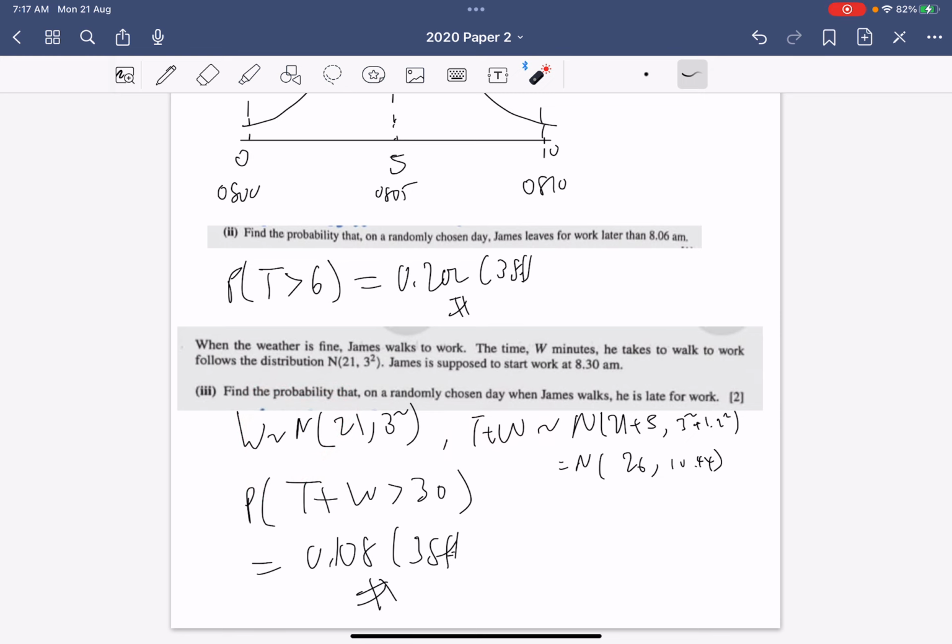So you just create a new random variable, and you have this normal distribution where you add both expectations and you add the variances. And then you calculate the probability where this new T plus W random variable is greater than 30 minutes. And you can just use your GC for that, and it will be 0.108.